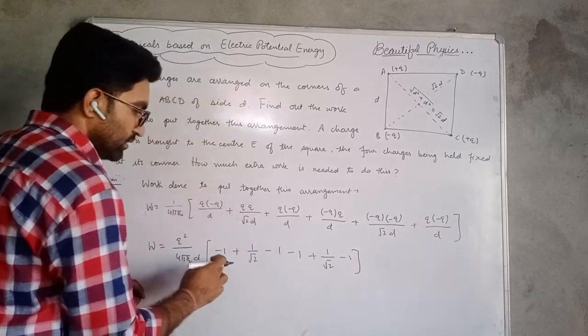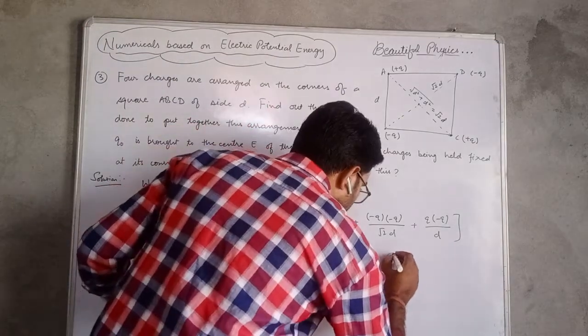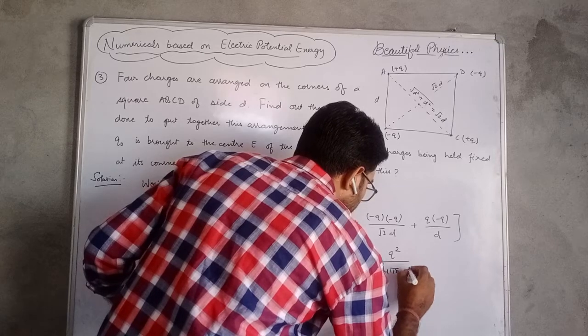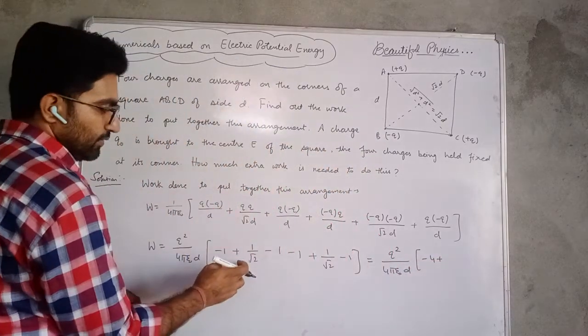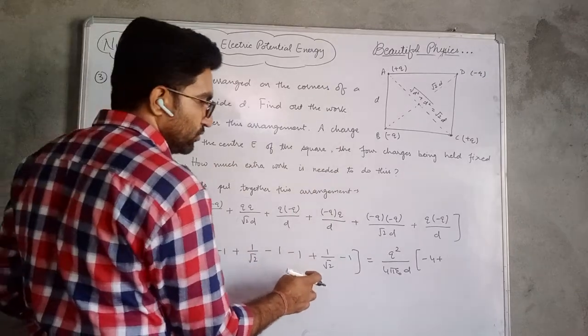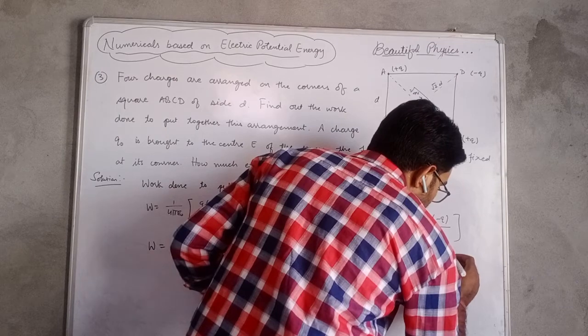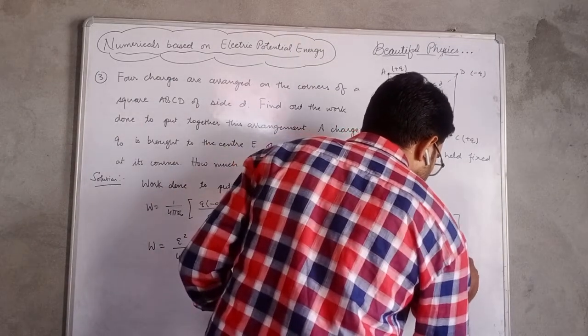So we have 1, 2, 3, 4. It is Q square upon 4 pi epsilon naught d into minus 4, plus again we have 1 by root 2 plus 1 by root 2, it is 2 by root 2, and 2 by root 2 can be written as root 2 by 2.